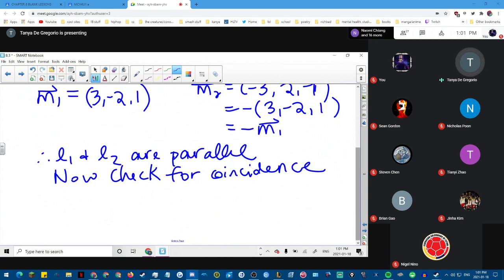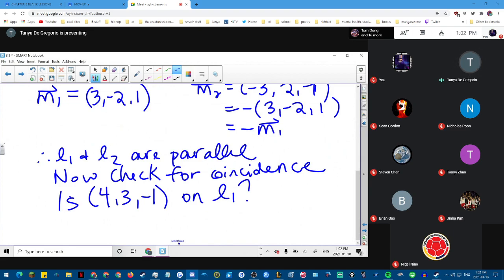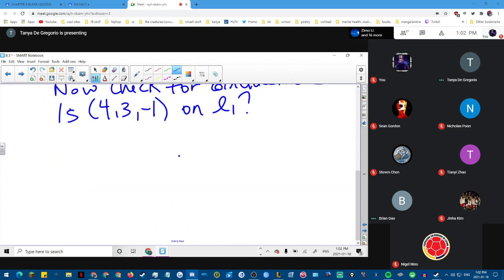You're right, I understand what you're saying. How can I check algebraically? So I'm basically saying, is 4, 3, -1 on that line? So having said it this way, does that trigger something? What are we going to check for? T value. Yes, we're going to check to make sure that the t values are the same.